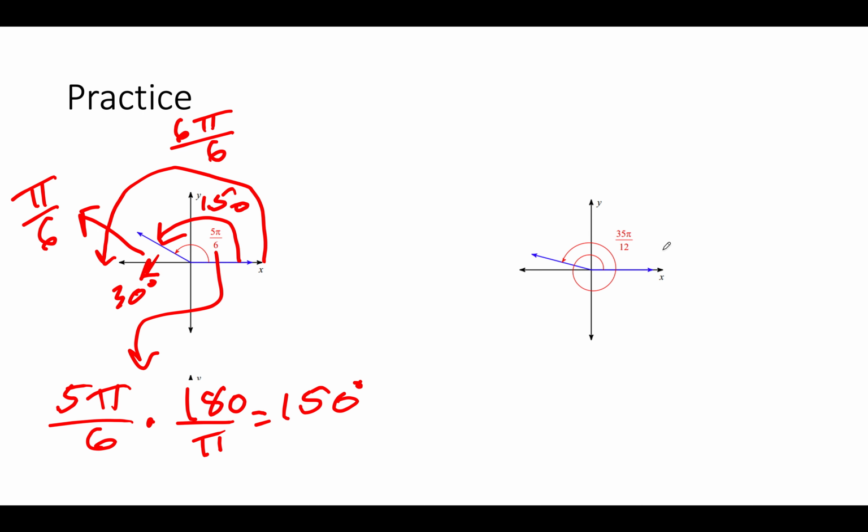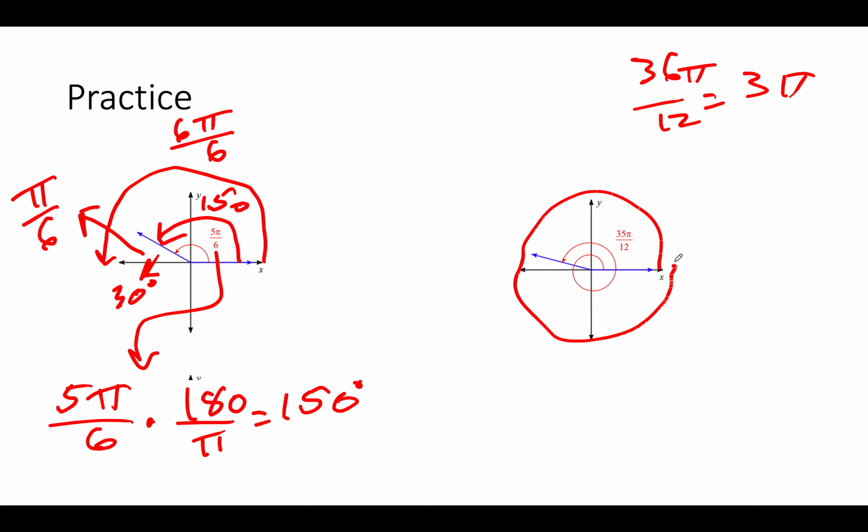35 pi over 12. 36 pi over 12 would be 3 pi, which is 1 pi, 2 pi, 3 pi. So again, how short am I of 36 pi over 12? I'm 1 pi over 12 short. Again, you could do this in degrees. Might be easier for some people because you don't speak fluent radians.